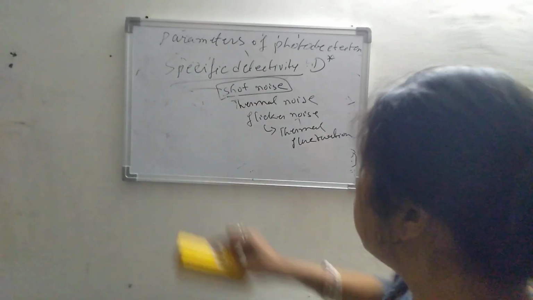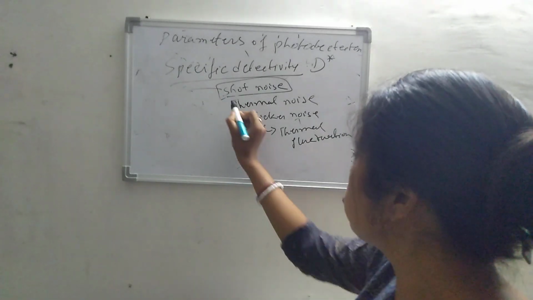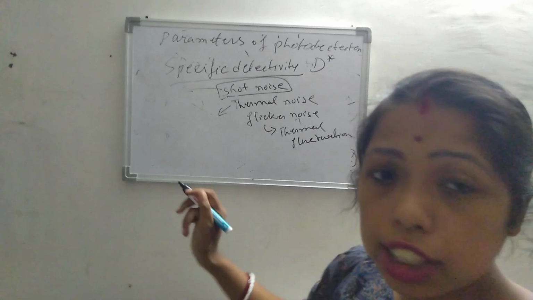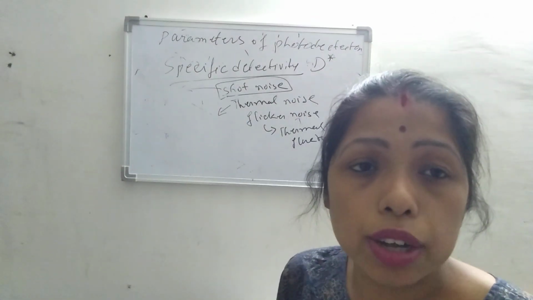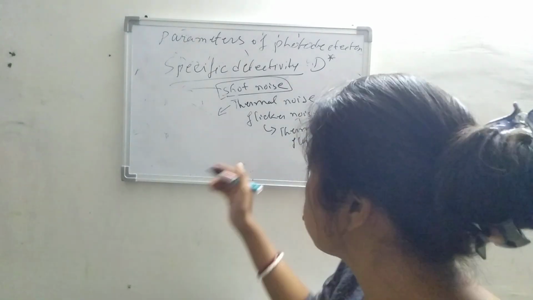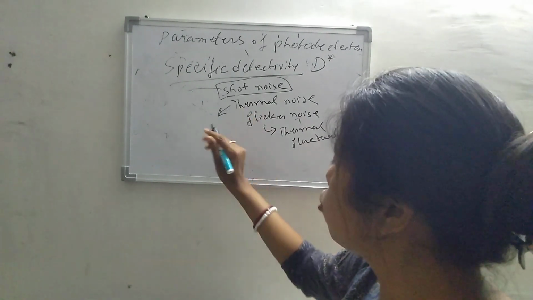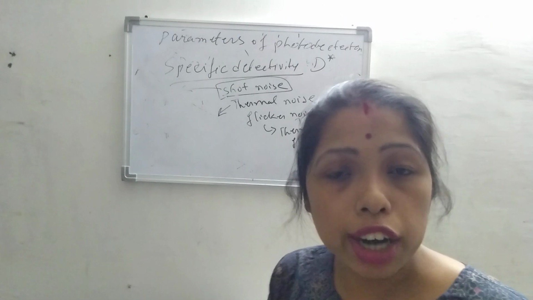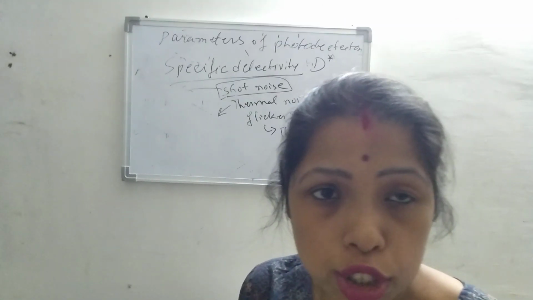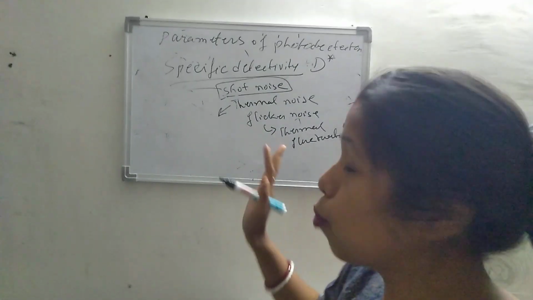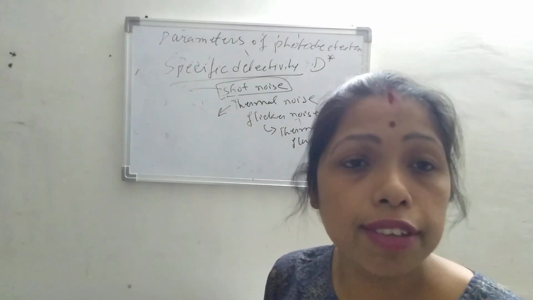Next, coming to the thermal noise. Thermal noise is the thermal generation of electron-hole pairs without application of any bias. If you do not apply any reverse bias, that time also you get some carriers. Even when you are not applying any bias, you are still getting carriers.